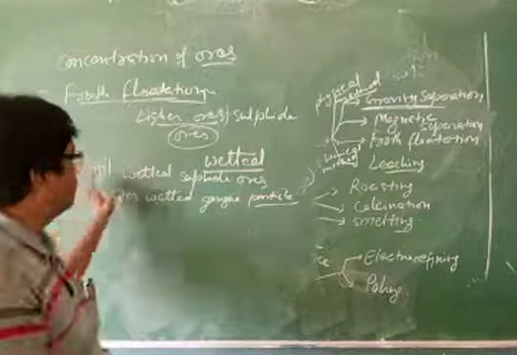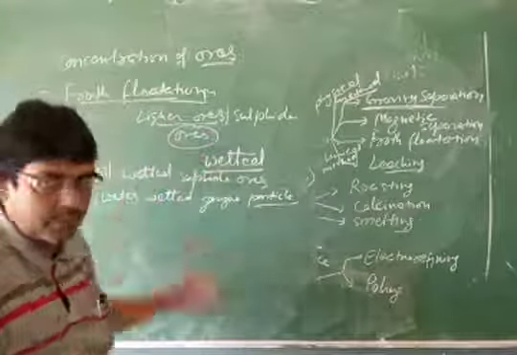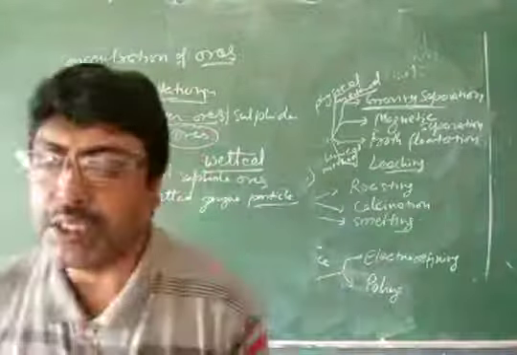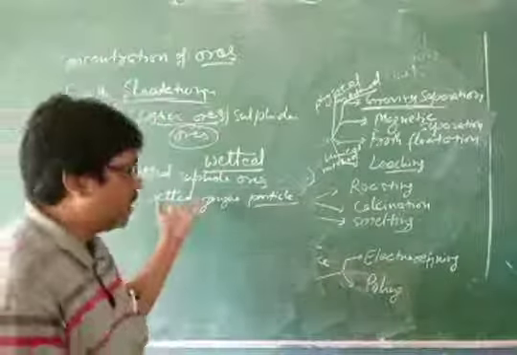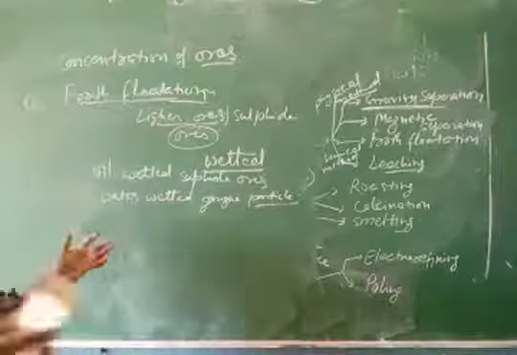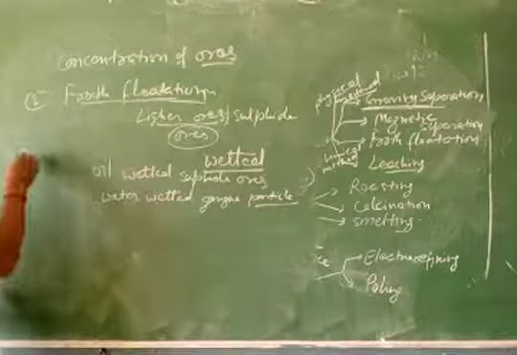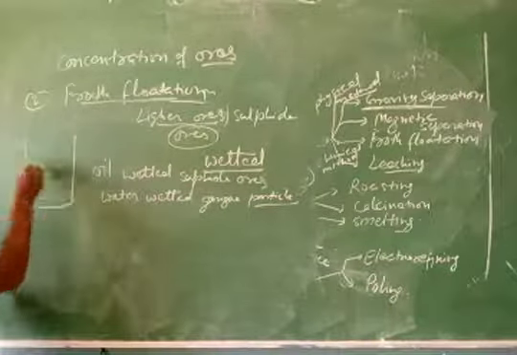So these sulfides are separated from gangue particles. What happens in this process? We can draw one figure to see this.